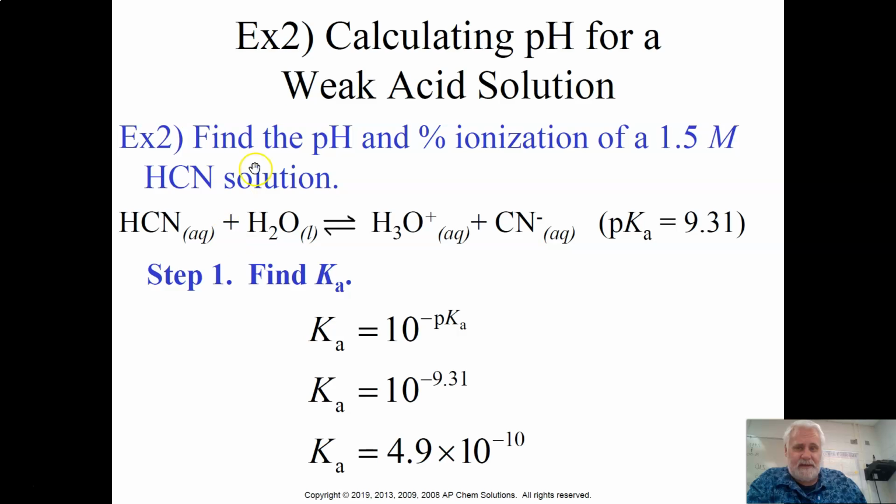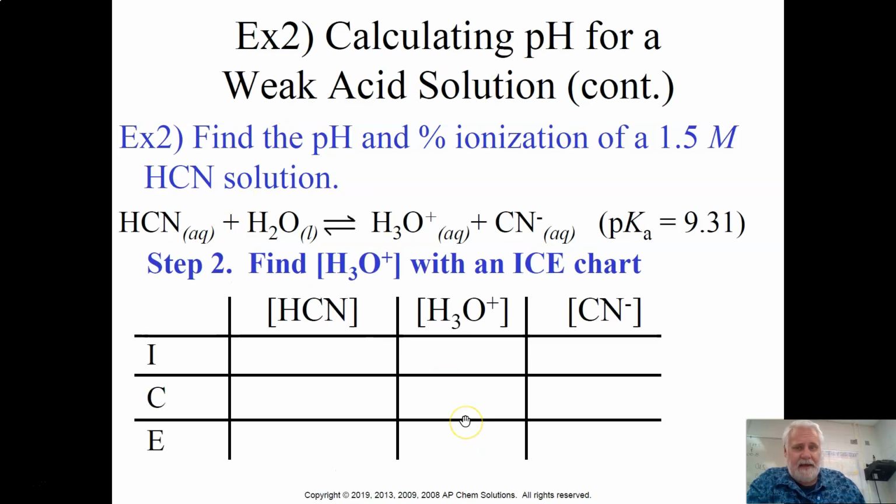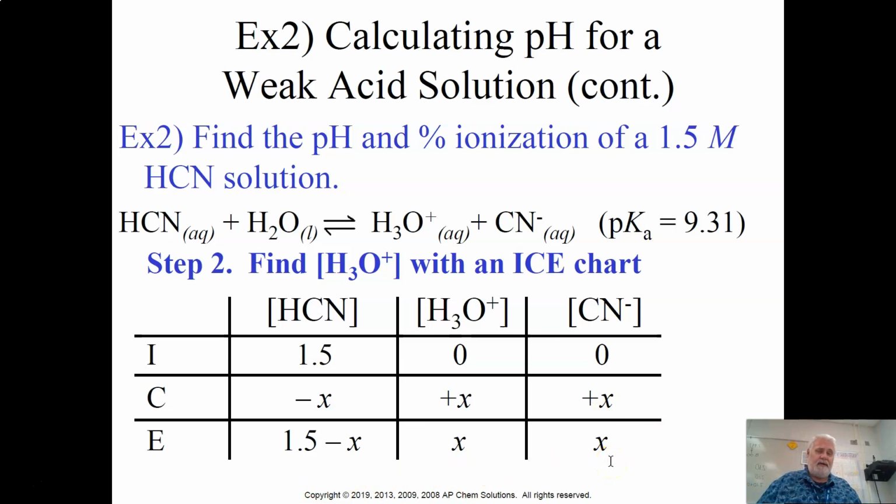So that is a start. We now have Ka, and then it's time to go to the ICE chart again. And knowing that we started off with 1.5, 0 and 0, minus x, plus x, plus x, very similar to the previous problem.